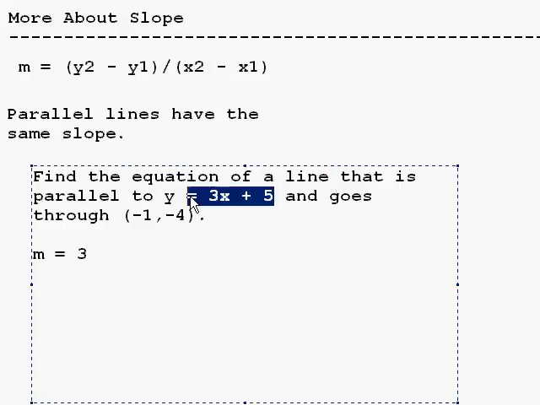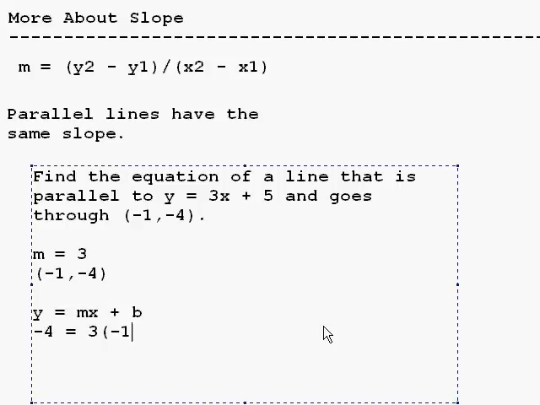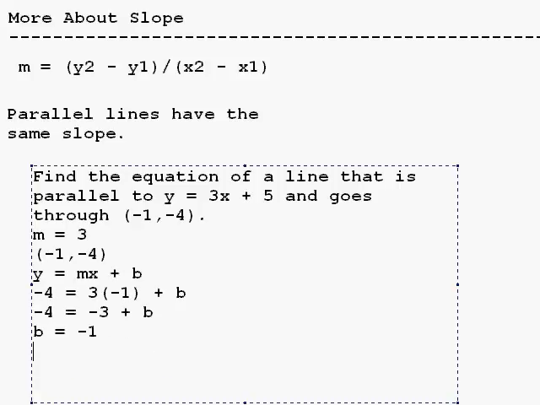It has a slope of 3 and it goes through -1, -4. We'll have y equals mx plus b. This is like saying -4 is 3 times -1 plus b, because that's an x and y pair that can be plugged in. So I have -4 is -3 plus b. So b is -1. So the equation of the line is y equals 3x minus 1. There's the equation of the line.